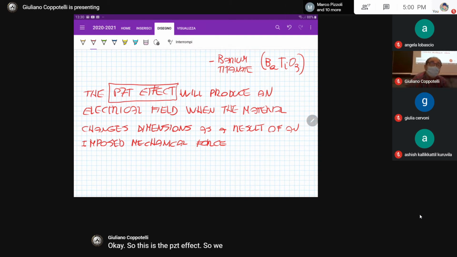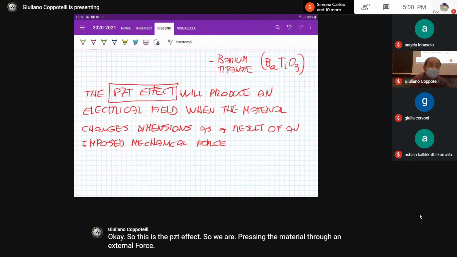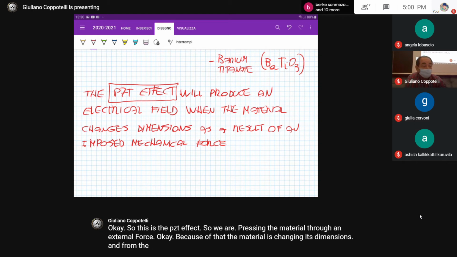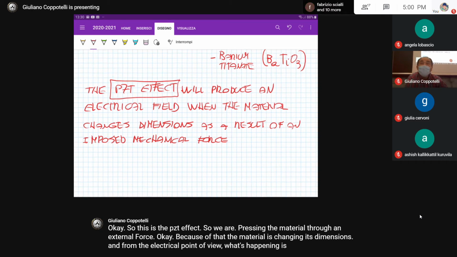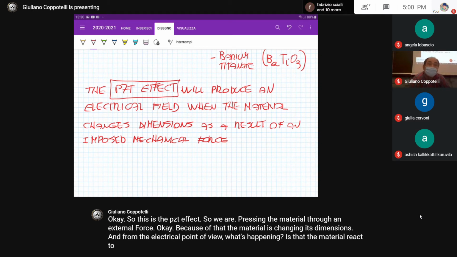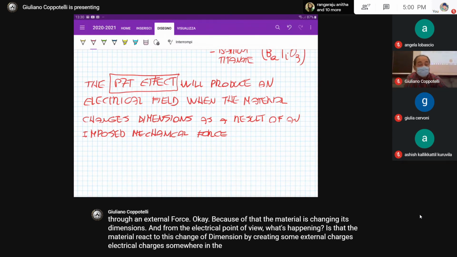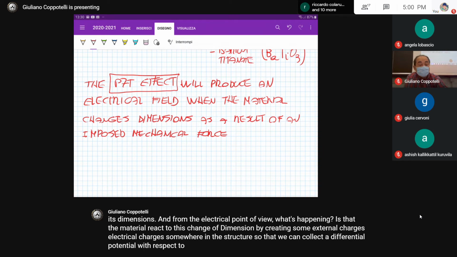We are stressing the material through an external force. Because of that, the material is changing its dimensions. And from the electrical point of view, the material reacts to this change of dimension by creating electrical charges somewhere in the structure, so that we can collect a differential potential with respect to different points. So the electrical field.